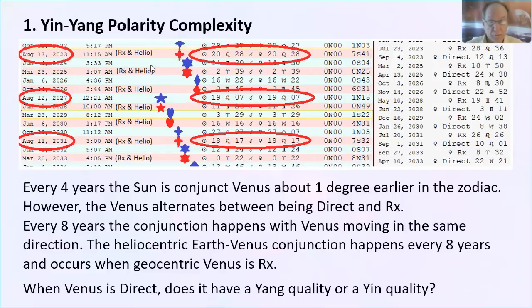But here's the complexity. There's a way in which when Venus is retrograde, some people would argue it also has a yang quality. Why would Venus retrograde, going back into itself, be more expressive and outer? You can argue that that's true.